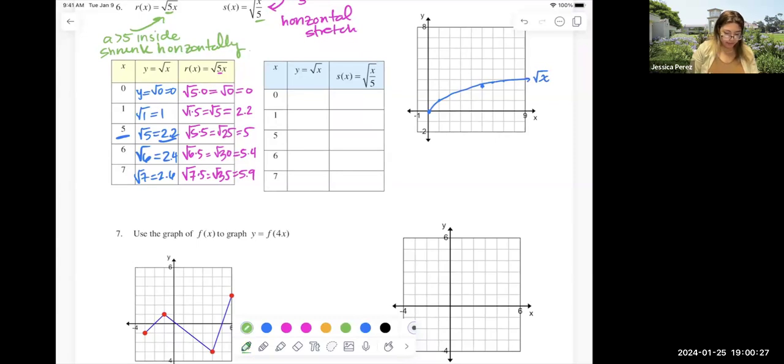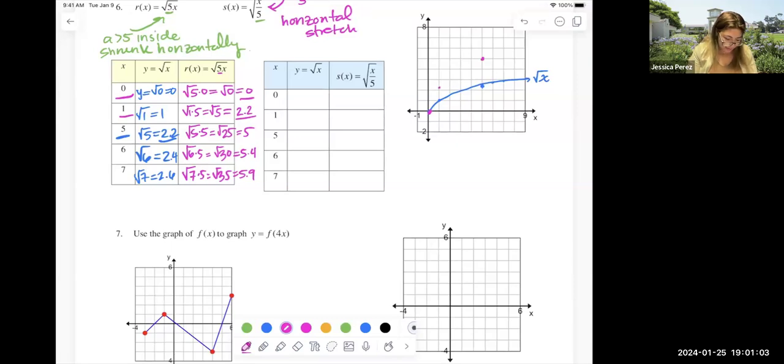Now we will put in the pink, the new one. So 0, 0, same starting point, 1 and 2.2. And then we have 5 and 5. So it's 1, 2, 3, 4, 5 right here.